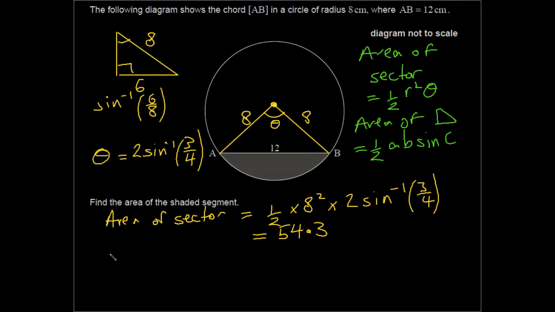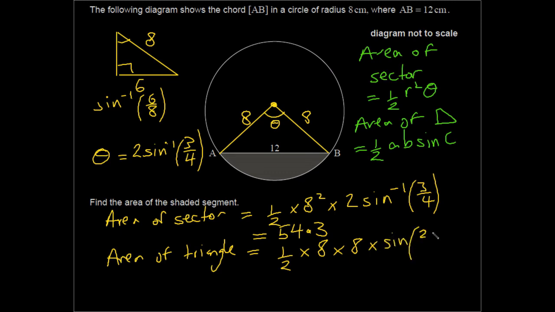So I'm going to say the area of the triangle is going to be 1/2 times 8 times 8, and then times the sine of 2 inverse sine 3 over 4.